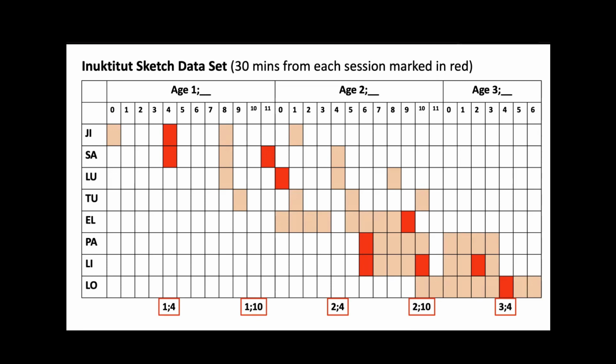Another problem with our data set was that for the younger ages, we only had data every 4 months for kids. So we couldn't simply take something in the middle, because we didn't have any data for that. In the end, after lots of consideration, we decided to go for 1-4, 1-10, 2-4, 2-10, and 3-4, because that fit the data that we had, and allowed us to have 2 children exactly at each age point, with this 2 months either way taken into account.